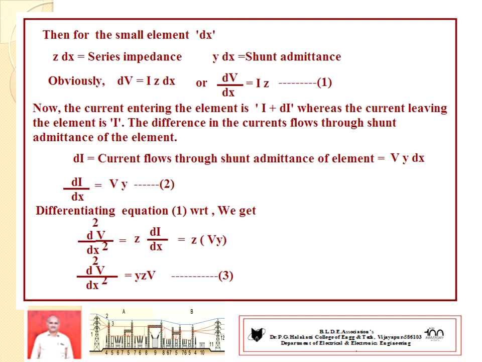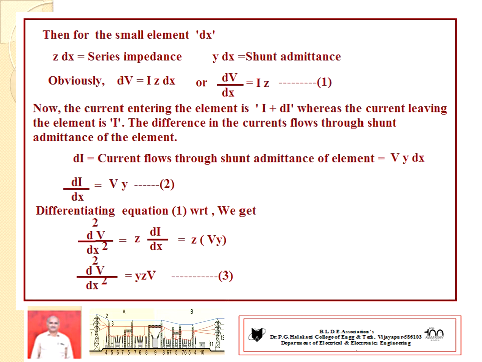Then for the small element of length dx, which lies at x distance from the receiving end, z into dx becomes the series impedance, because z is the impedance per unit length and dx is that length.